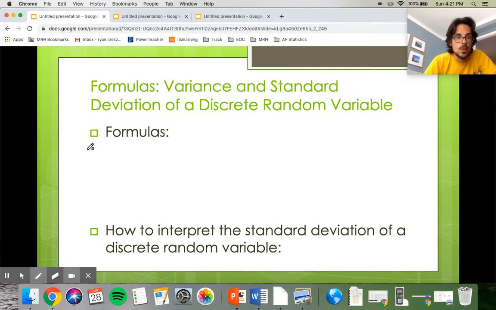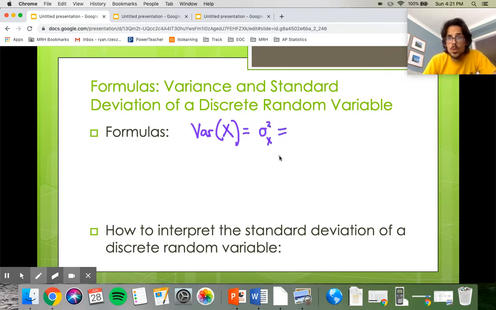So for the variance, there are two options for symbols. You could write variance of x like this. That's a thing that people do. Or our symbol for variance, it's our standard deviation symbol with a squared on it and an x. And let's repeat how you would actually find that. You're going to be adding up a bunch of stuff: you take each value minus the mean, square it, and multiply by the probability of that value.